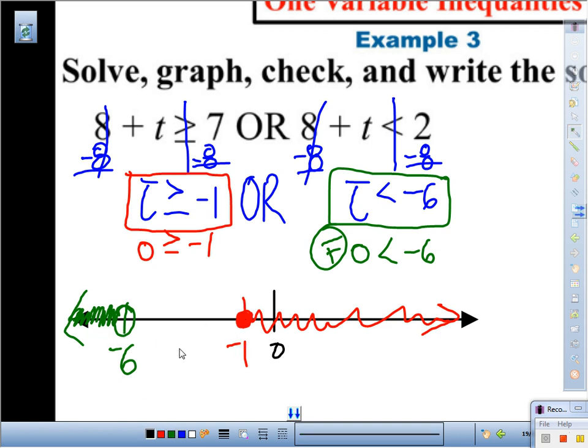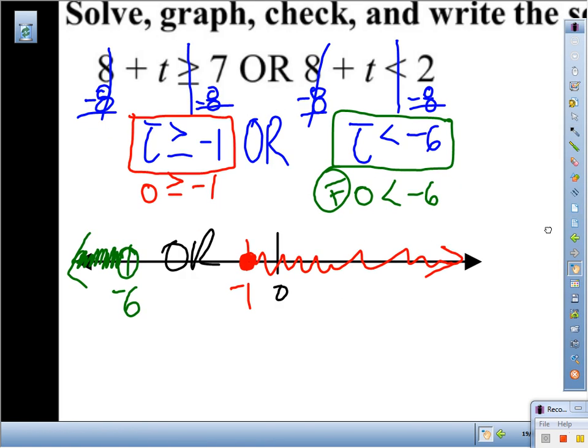They're not overlapping. That's why, for the solutions of this inequality, it's either this or that, not both at the same time. That's why these are known as or. All right? Therefore, see what I did there?